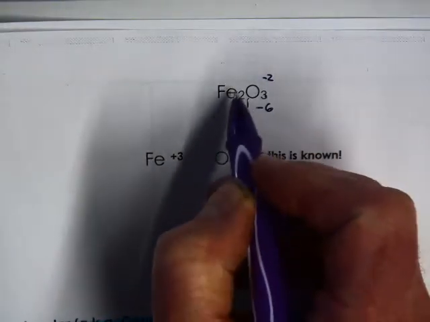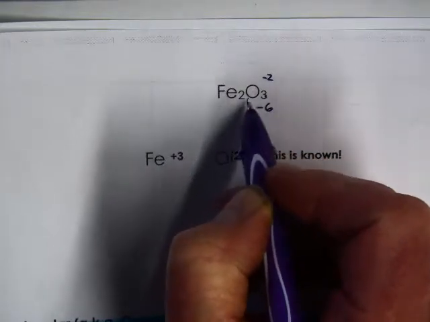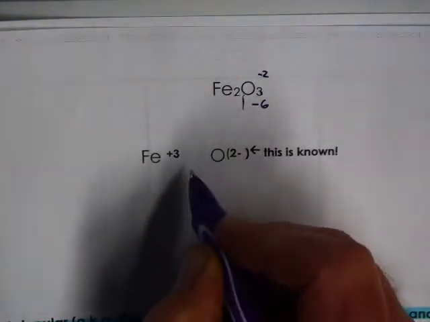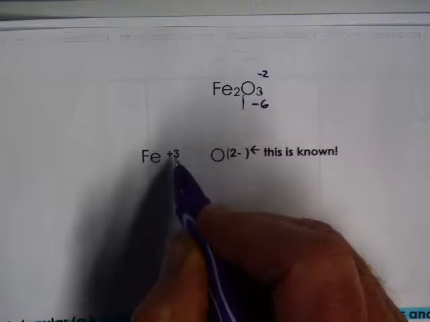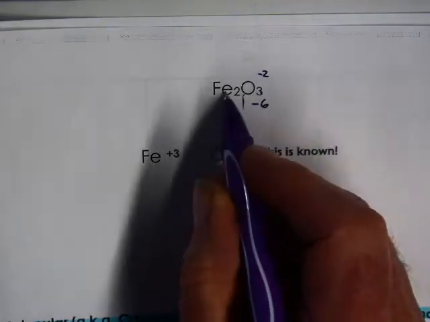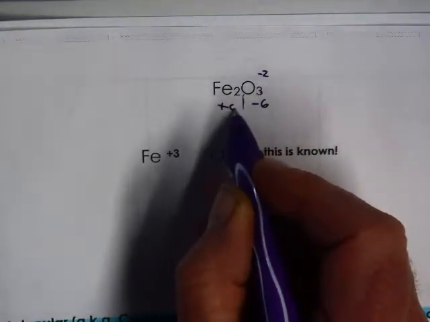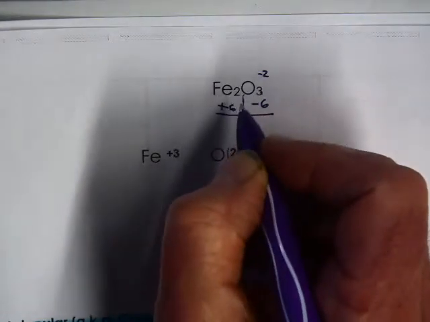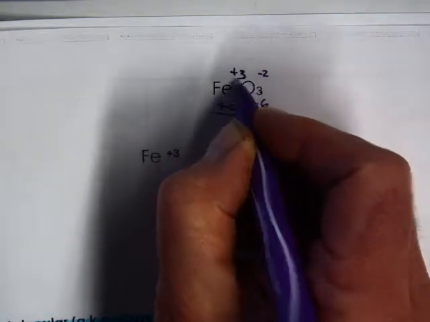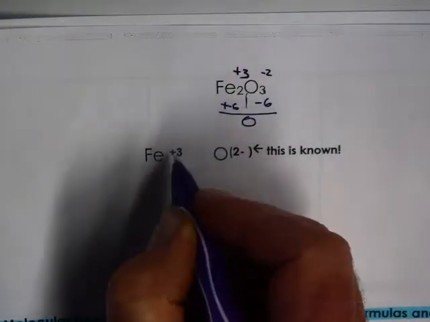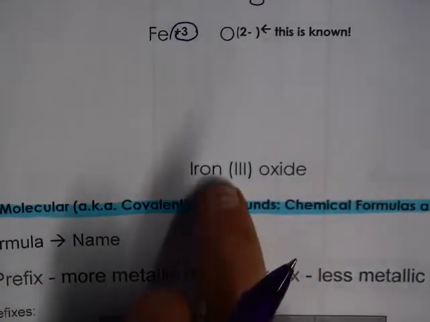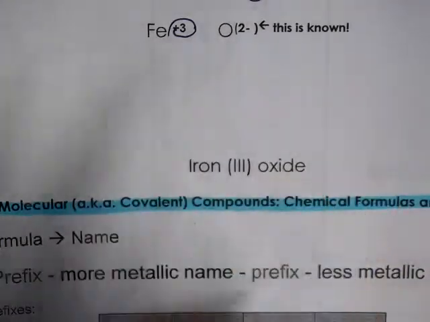That means the total has to equal +6. In order for that to happen, the combining capacity has to be +3. 2 times +3 is +6, and so that's neutral. So the combining capacity of +3 has to show up in the name. This is iron 3 oxide.